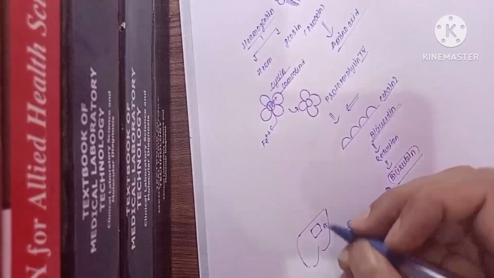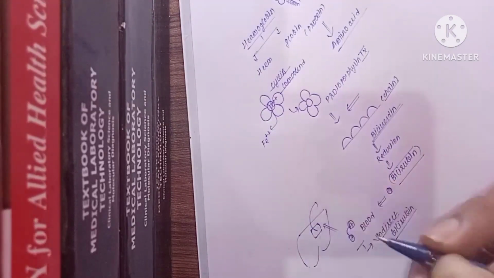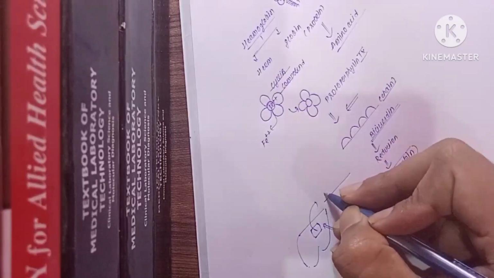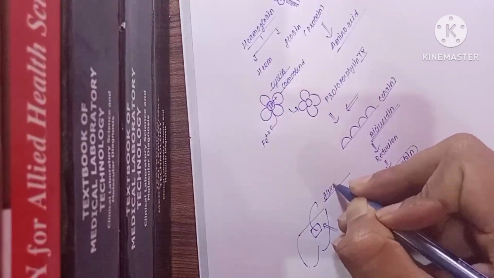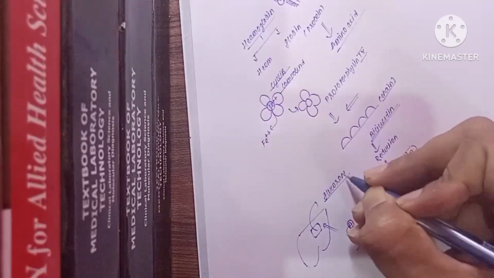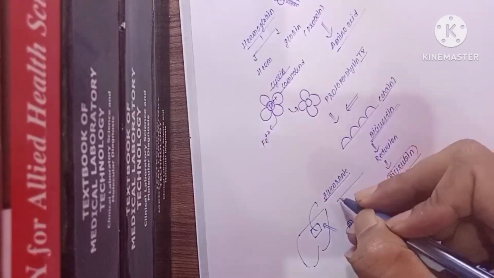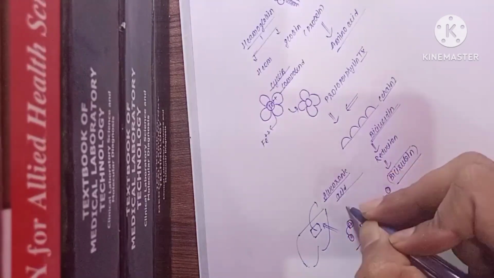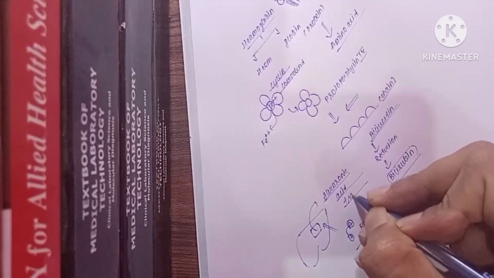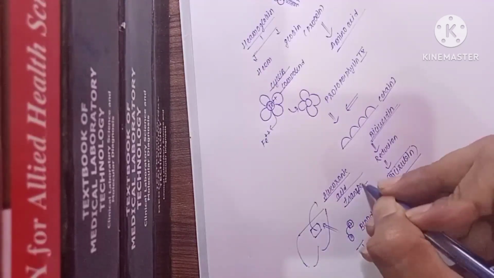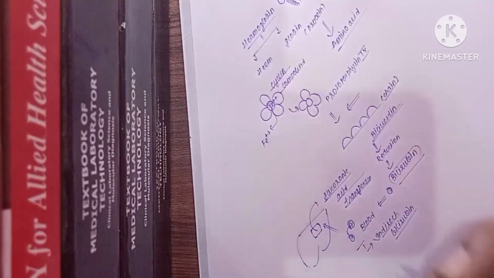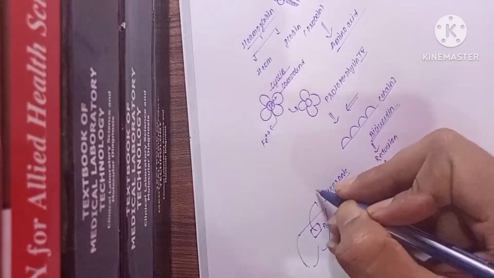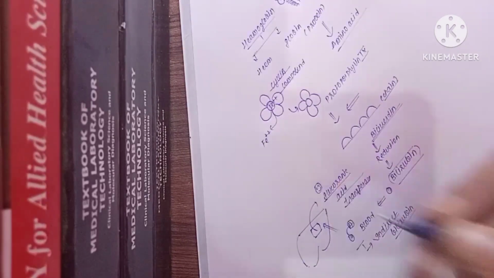In the hepatocyte we have an enzyme called glucuronic acid transferase. Let me draw glucuronic acid transferase like that.